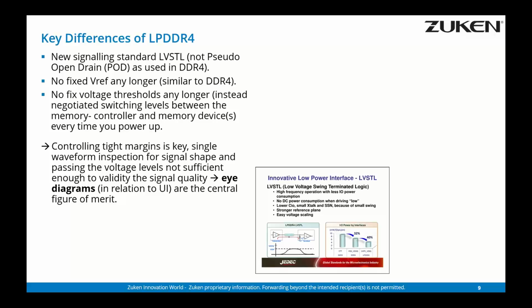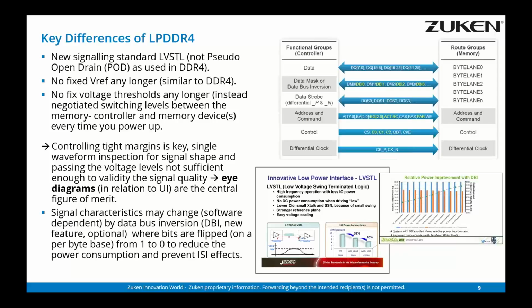But this means controlling the margins and controlling the timing is key for success. And therefore, as these thresholds are not clearly defined, just looking into one waveform is not sufficient any longer to guarantee and to validate significant behavior. So you have to look into eye diagrams in relation to the proper unit interval as a figure of merit.